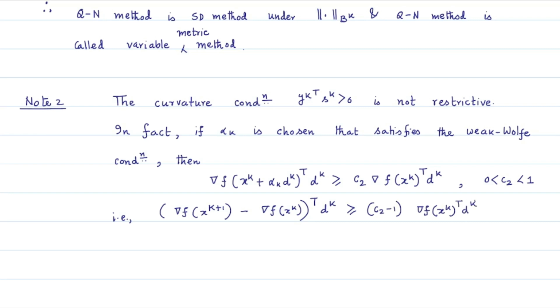As dk is a descent direction, this quantity is negative and this c2 minus 1 is a negative quantity. So finally this is greater than 0.